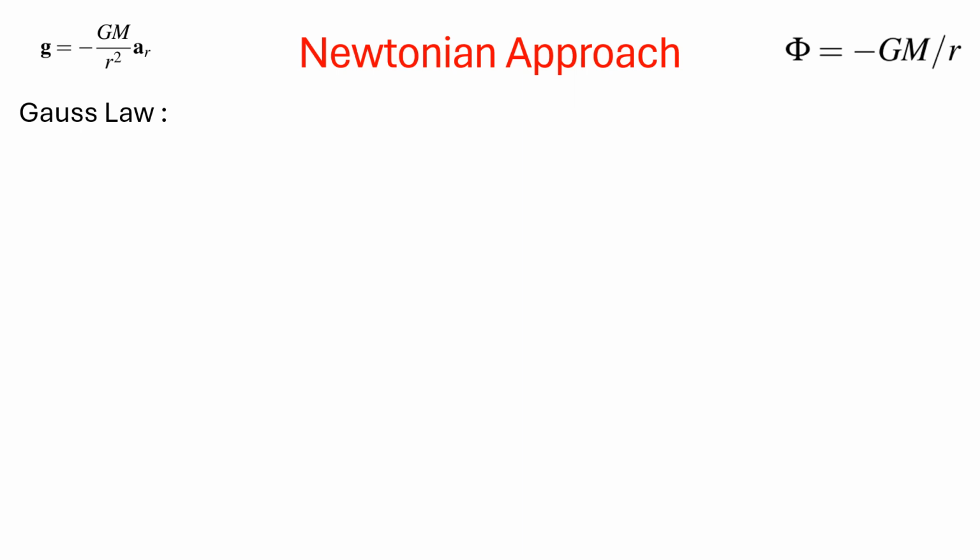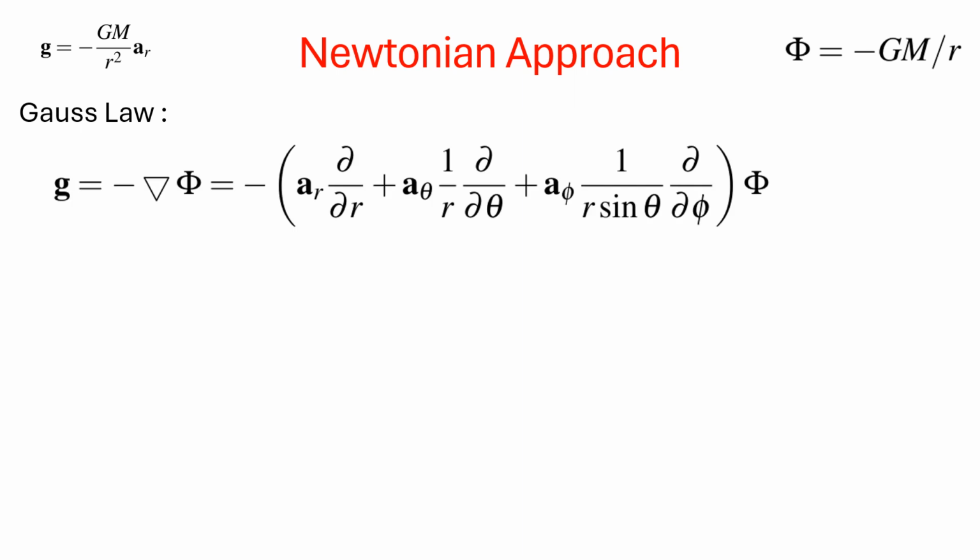By Newtonian approach, g bar from classical mechanics can be expressed as minus gradient of phi, which is in fact a gravitational potential function. And this gravitational potential function phi is equal to minus GM upon r.